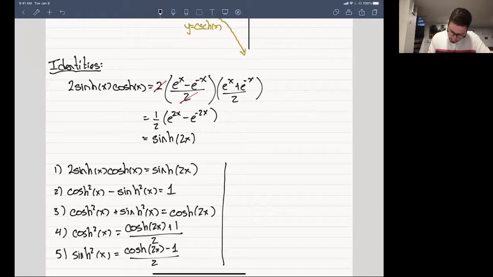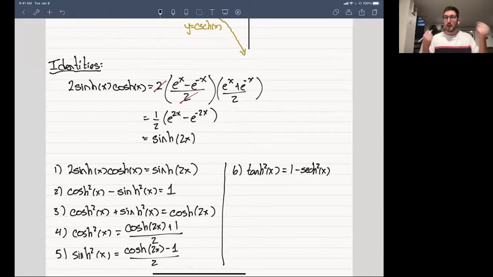We remember that there's a version of the Pythagorean identity in terms of tan and secant. So in that case, this one becomes tan squared of x, this is 1 minus sec squared of x. And because we have a Pythagorean identity for trigonometric functions in terms of tan and secant, we also have one in terms of cotangent and cosecant.